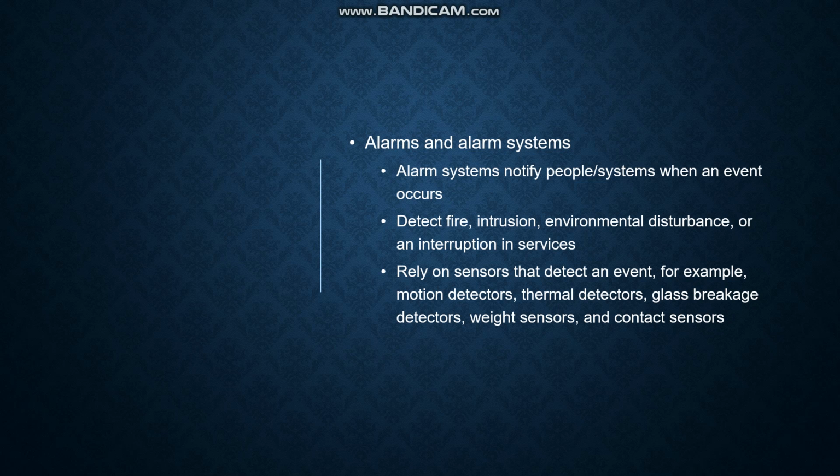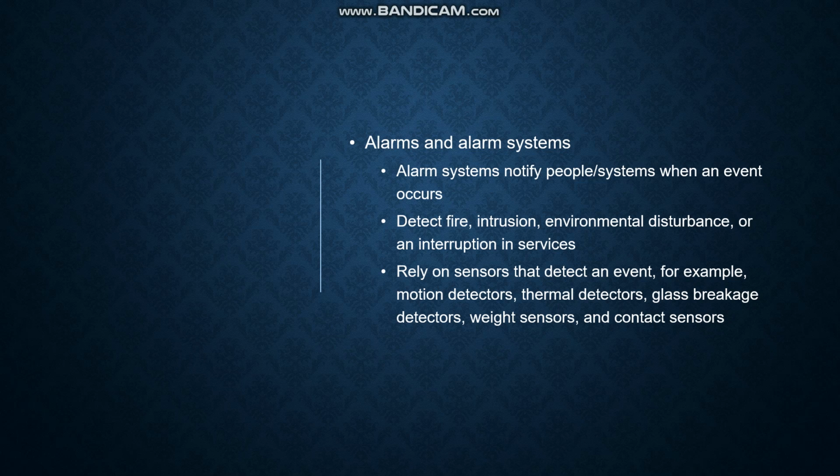Motion detectors are either active or passive. Some motion detectors emit energy beams, usually in the form of infrared or laser light, ultrasonic sound or sound waves, or some form of electromagnetic radiation.